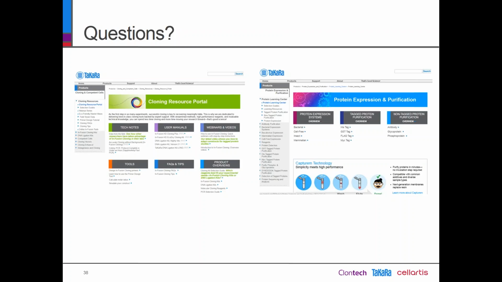And we also have a portal for protein expression and purification that guides you through all the products I talked about today. So choosing your expression system, choosing your purification system. So it's not only His tag, there are also others, and so on. I invite you to go to our website, clontech.com, and have a look at these resources.